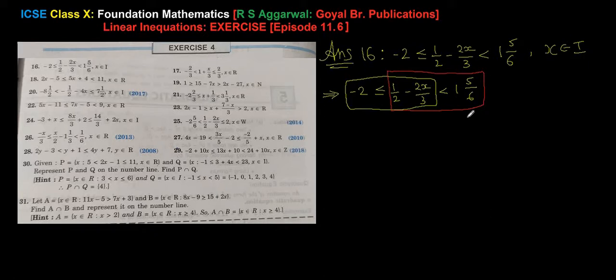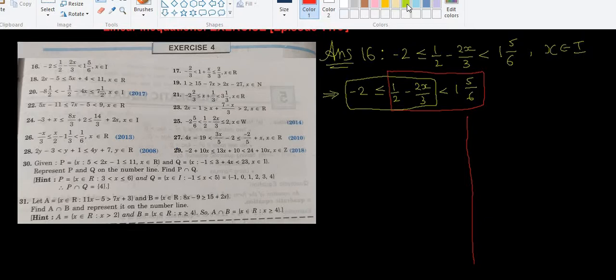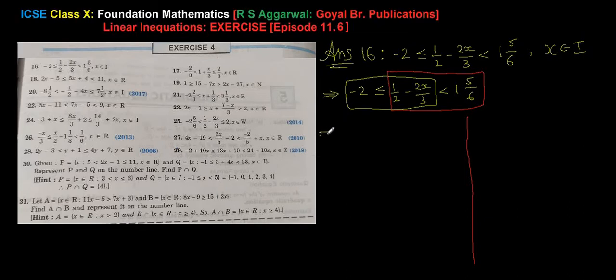So let us have a column here so it becomes easy to identify. We'll start with the first one: minus 2 less than or equal to 1/2 minus 2x/3. So we'll solve this one first. So here, minus 2 less than or equal to (3 minus 4x)/6.